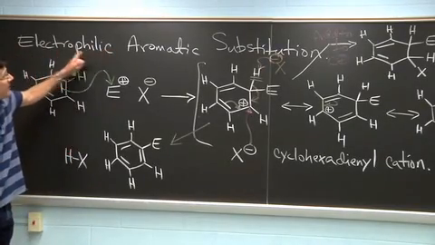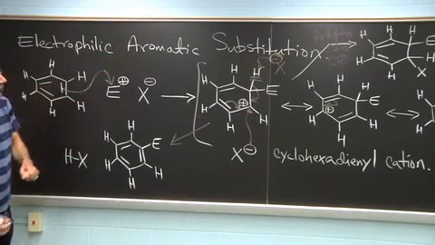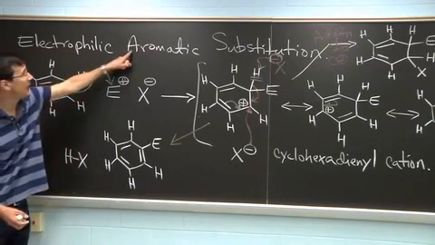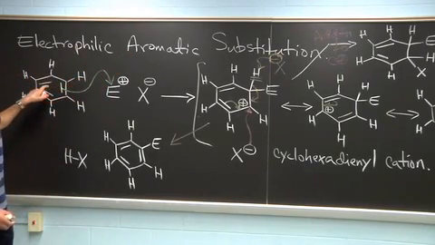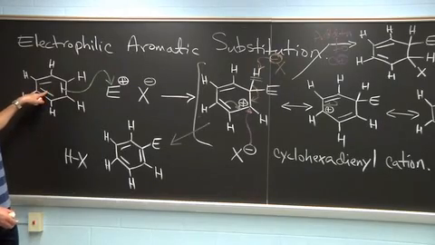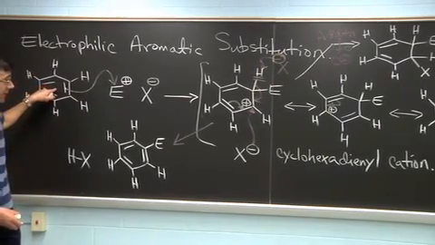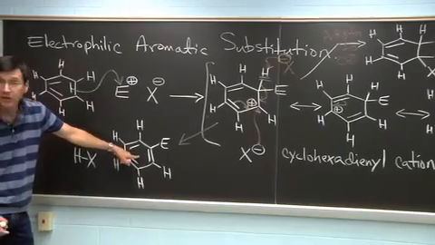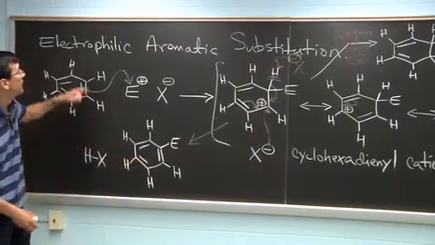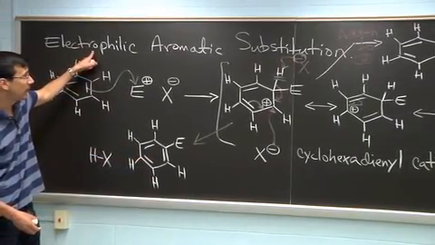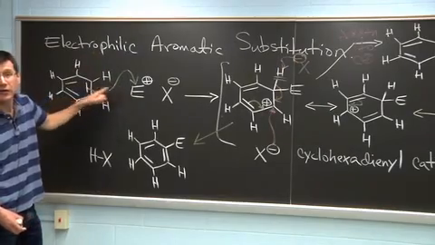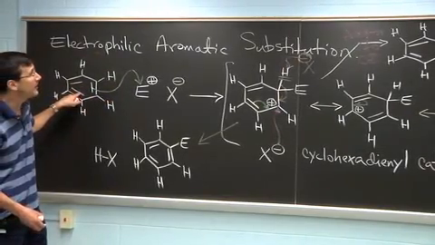So let's go back to the name, electrophilic aromatic substitution. We said the aromatic part comes from the fact that you have an aromatic ring. Notice the aromatic ring is present both at the beginning of the reaction and at the end of the reaction. The electrophilic part comes from the fact that there's some electrophile that reacts with the aromatic ring.